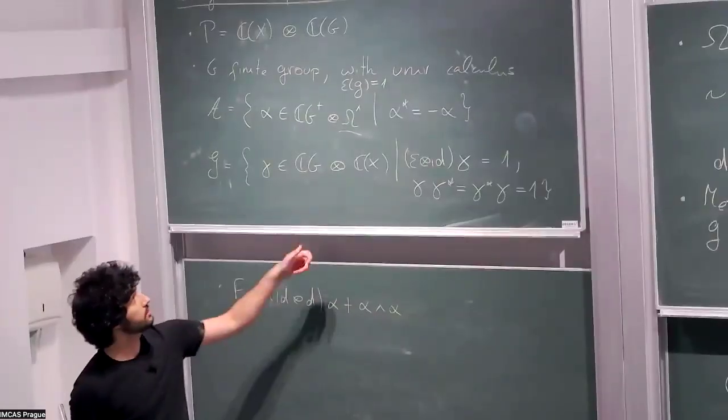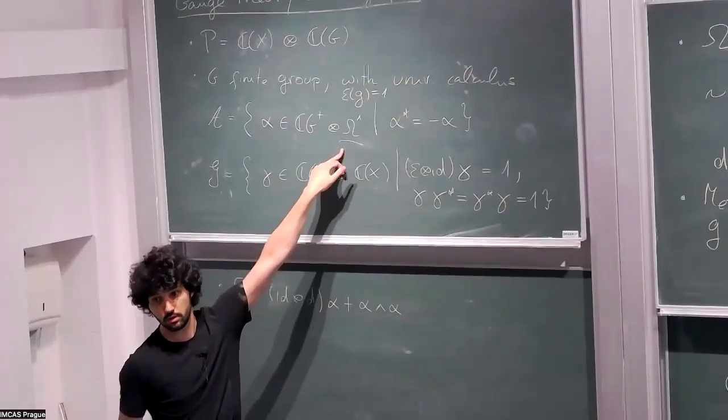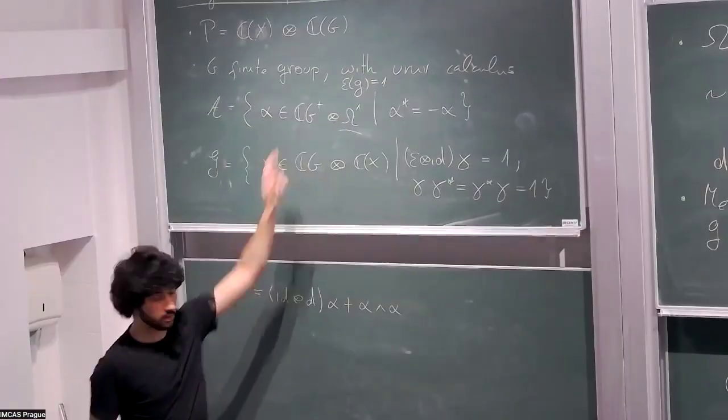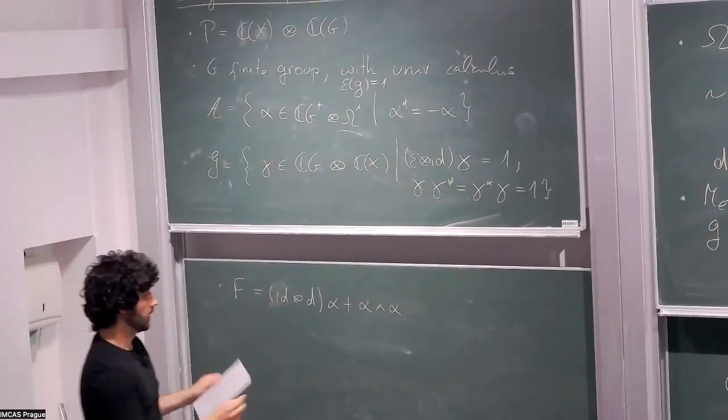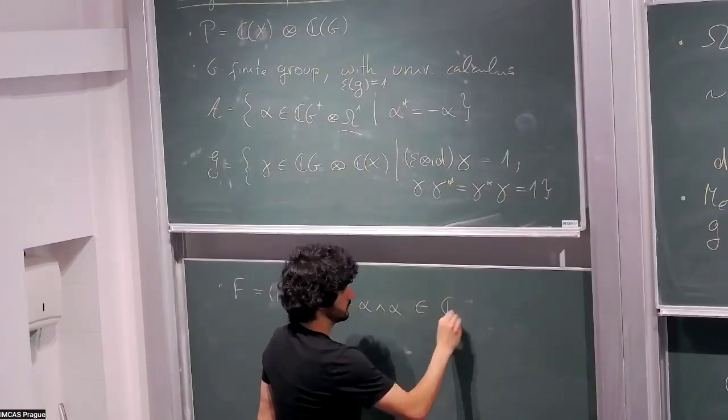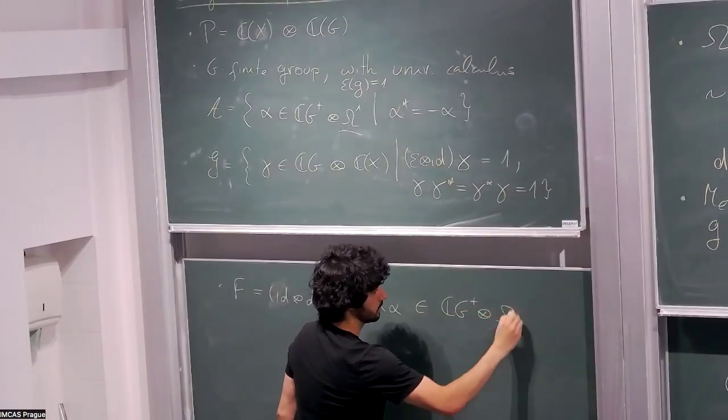And here what we're doing is just taking the wedge product on omega 1, and then just the usual product in here. And this would be then a CG plus valued 2 form.